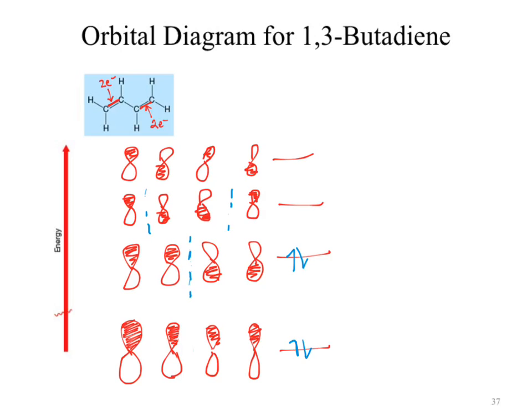What's happening when we hit this with UV light? We're taking an electron from very commonly our highest occupied molecular orbital, which is our highest occupied, a second one, and we're putting it in the lowest unoccupied molecular orbital.